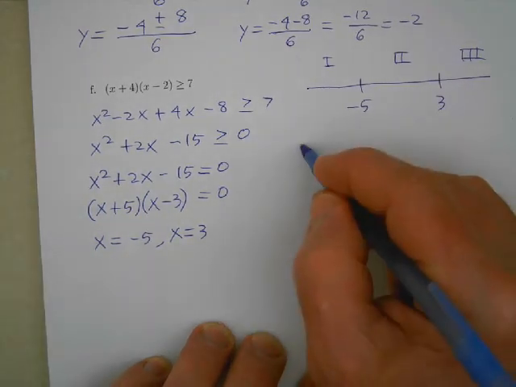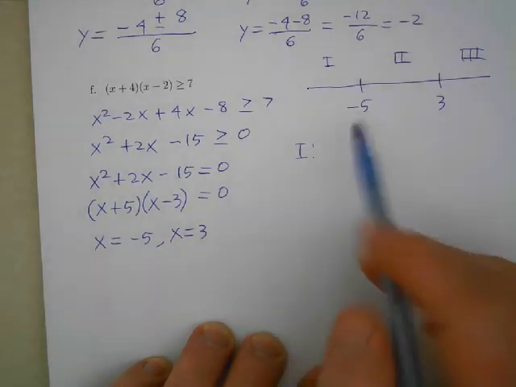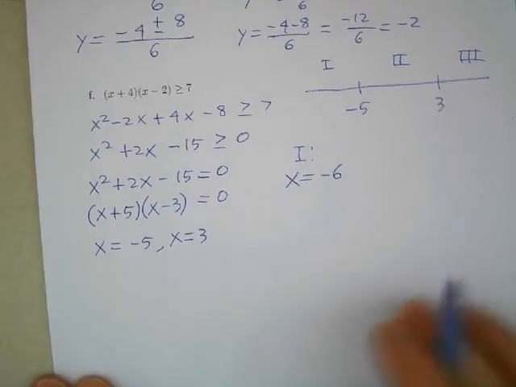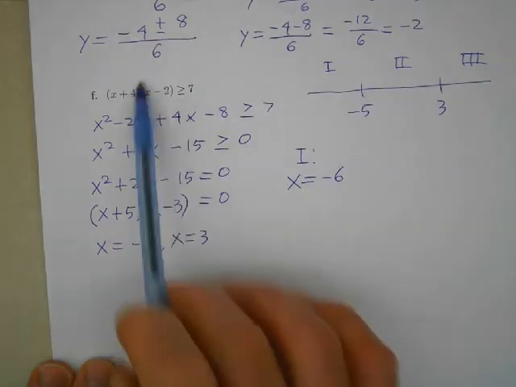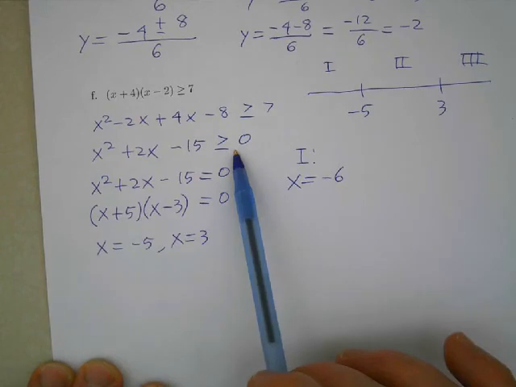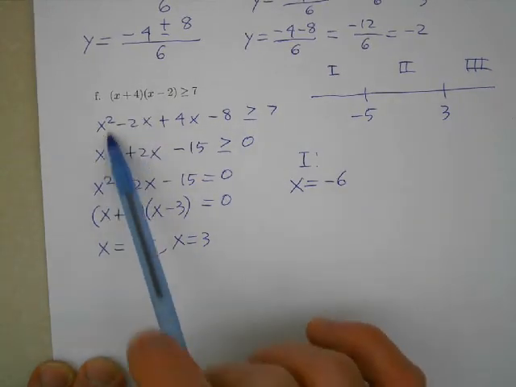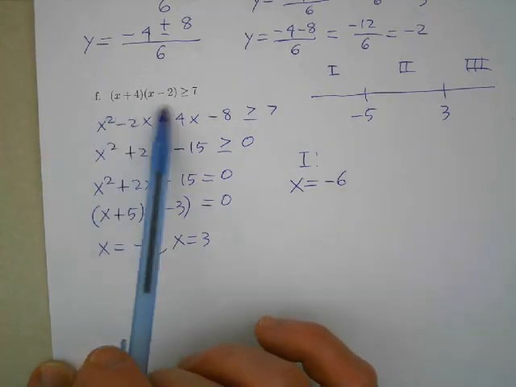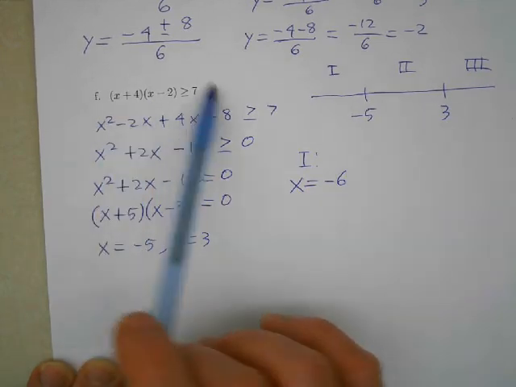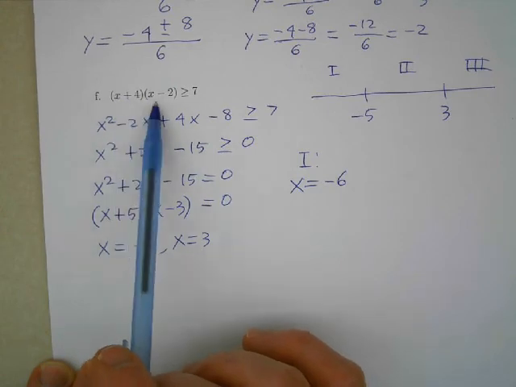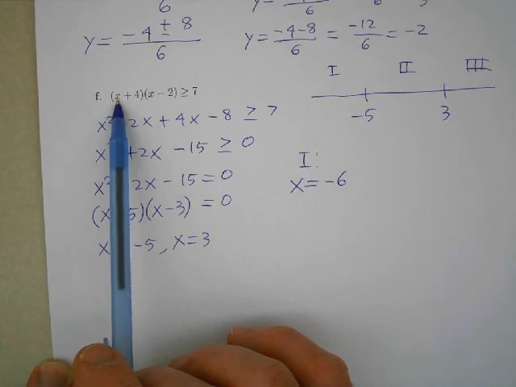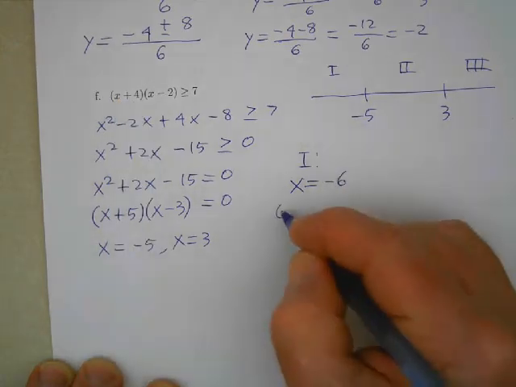So in the first interval on the left, we can pick x to be -6. You're free to use any one of the inequalities. We have 3 inequalities to choose from, but when you have factors, those are sometimes nice to work with. So let's use the original inequality, replace every x with -6. In this binomial, -6 plus 4 is -2.